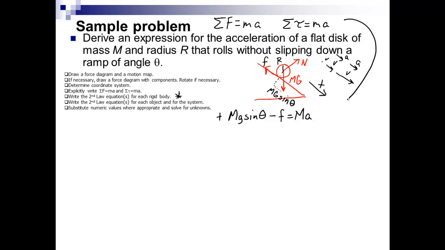Okay, so we're going to call this equation, because I got the sum of the torques equaling ma. I know that there's only one torque, and that's due to the friction. The torque is equal to ma. By definition, the torque is the force times the lever arm.